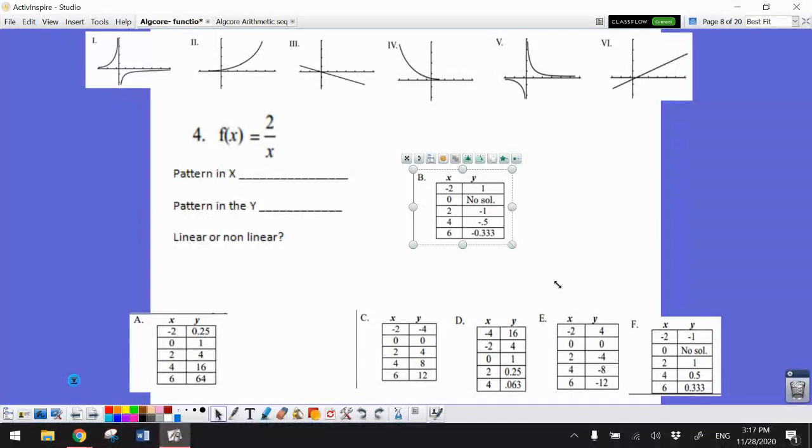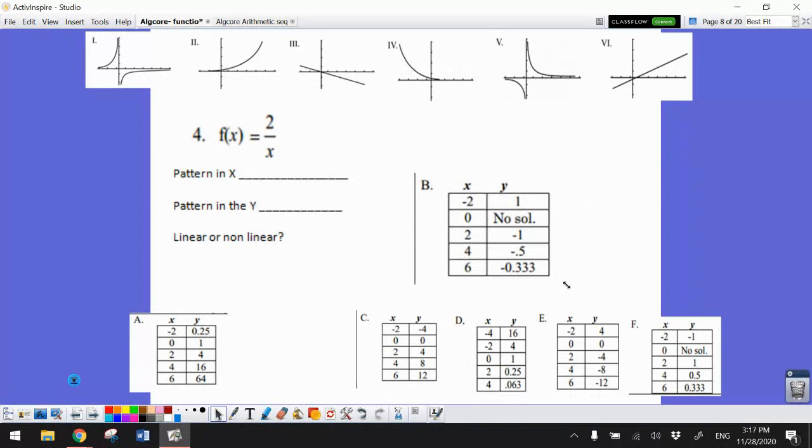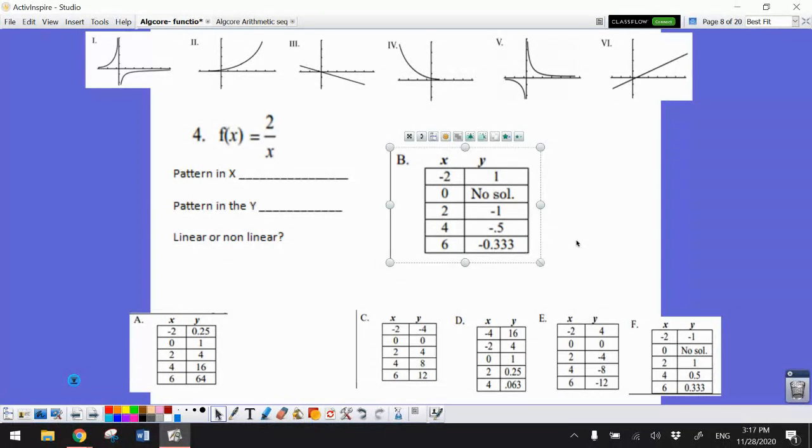So if I'm going from 1, and then it says no solution, then it says -1, -0.5, and -0.33. There's no pattern here, okay? This is just decreasing. It's just getting smaller. And there are some of those where there's not really a pattern. Those are a specific type of graph, a specific type of function, and you're going to discover why there's a no solution in there as you move forward with this.